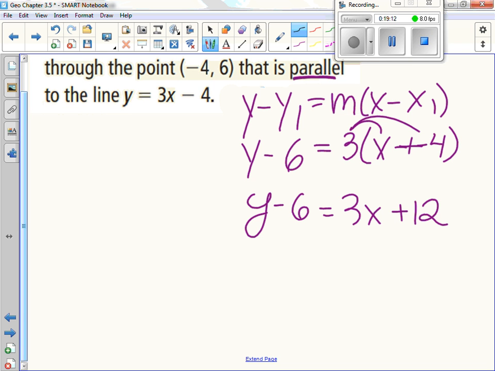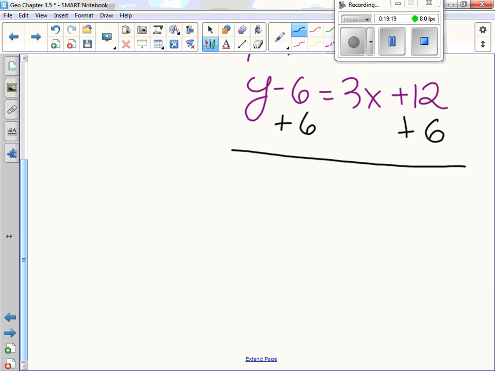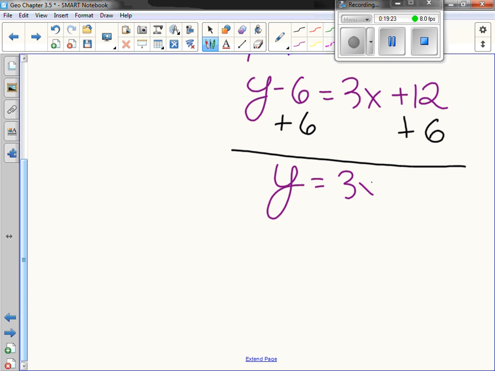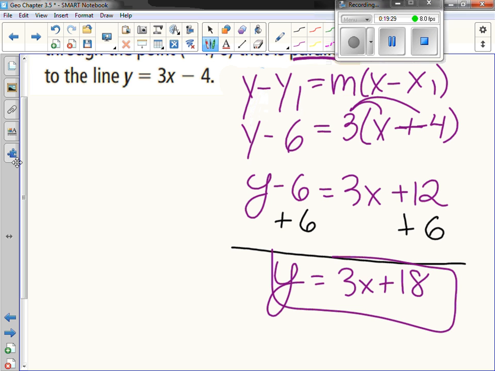And last but not least, what do we need to do? Add 6 to both sides, which tells us what? y equals 3x plus 18. And that's it. That's all we need to do for this here. Any questions on this here?